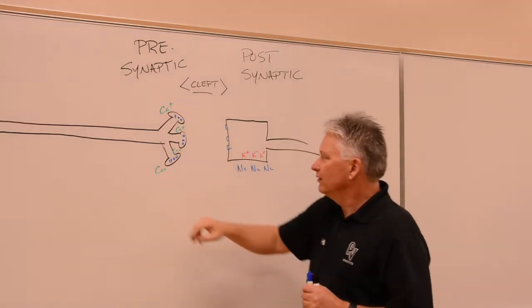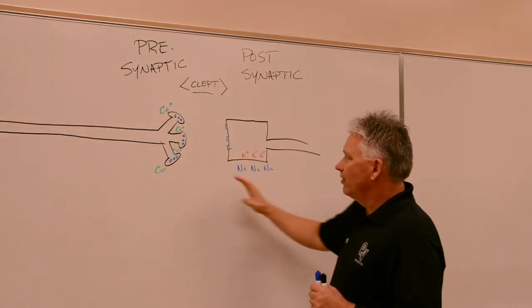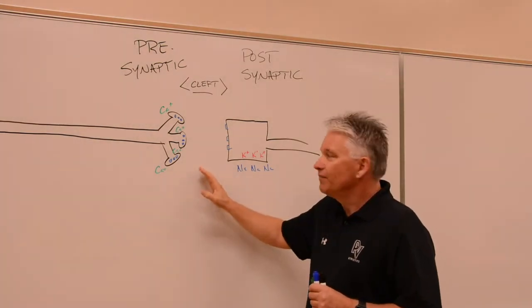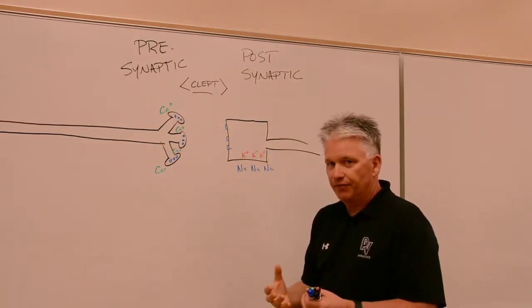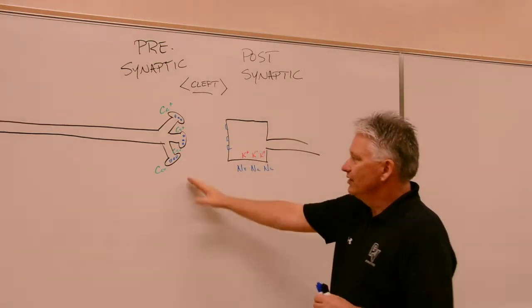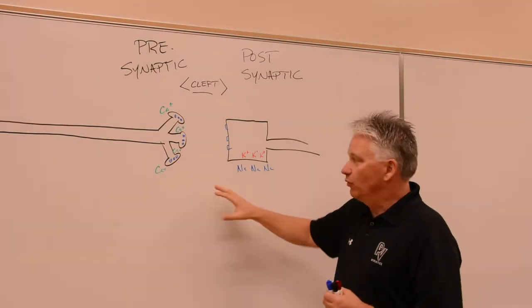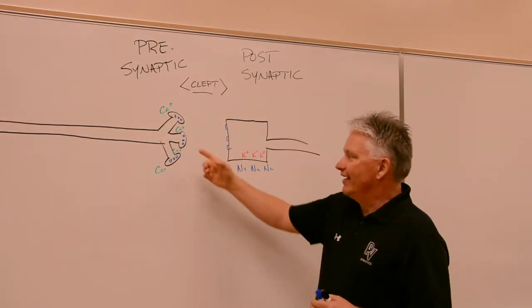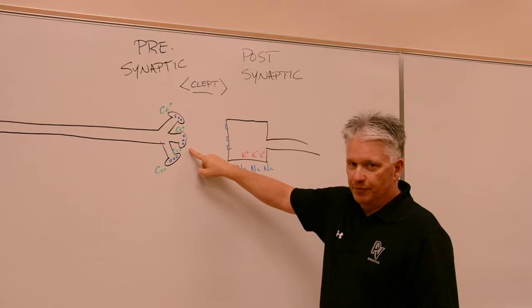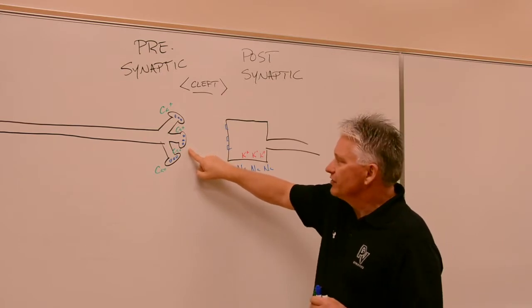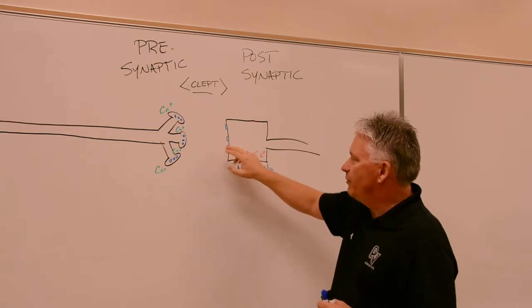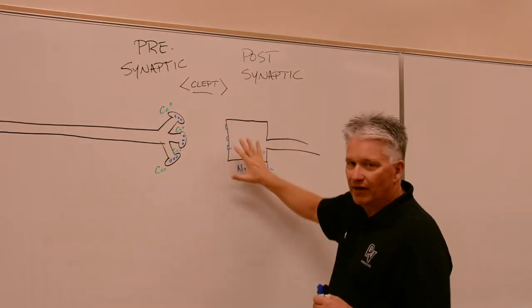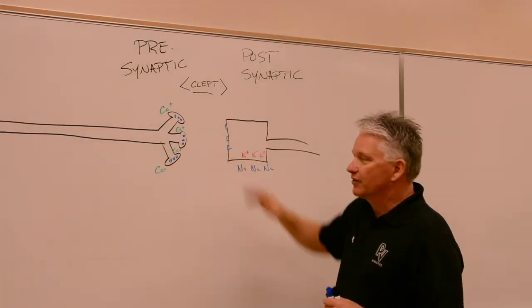I'm electrical, but I'm separated by a space. And that electrical current cannot jump that space. We have to use something else to bridge the gap. And so what do we use in the body? A chemical neurotransmitter. Now, this neurotransmitter, we'll see, is going to be released across the space, and it's going to cause something to happen over here in the postsynaptic structure.